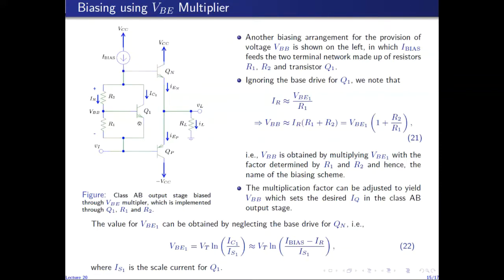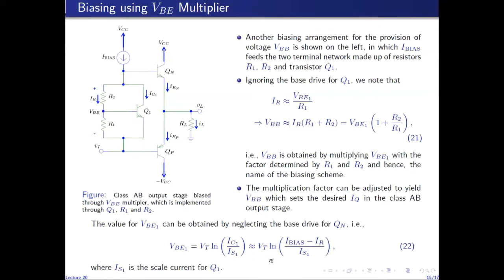So VBE1, which is the base-to-emitter voltage of Q1, is related to the collector current of Q1 through this relation. So in this relation, we can approximate IC1 like this, under the assumption that IBN is 0. IS1 here is the scale current of Q1. So knowing I bias and IR, we can find VBE1.